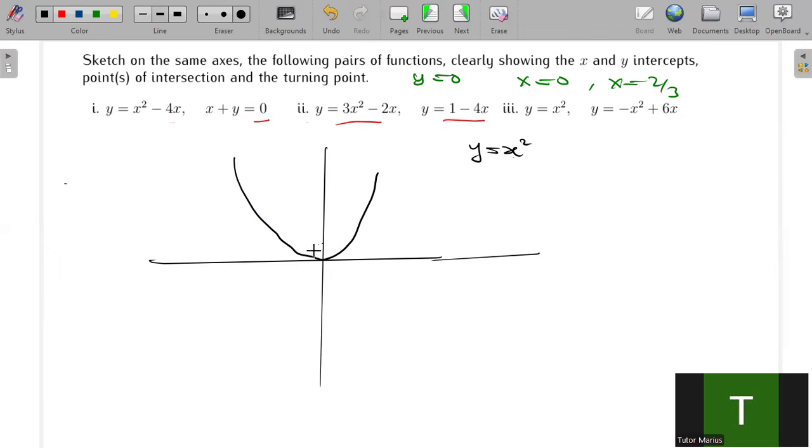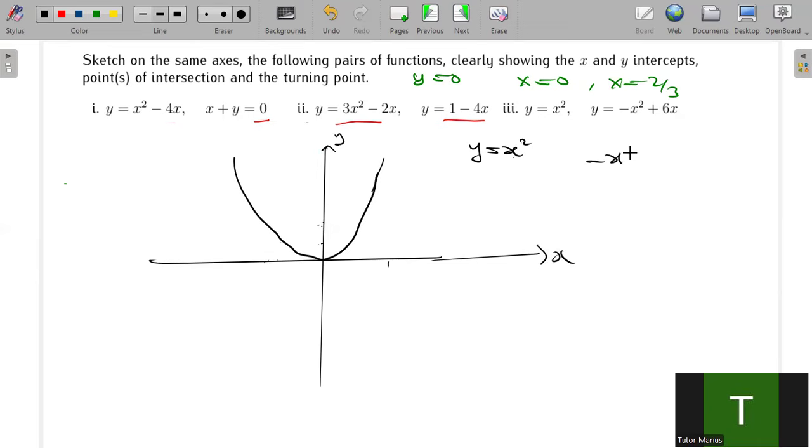If I put in negative 1, squared still gives me 1. If I put in negative 2, it gives me 4, and if I put in 2, it also gives me 4. So this is how it's going to look, a standard parabola.